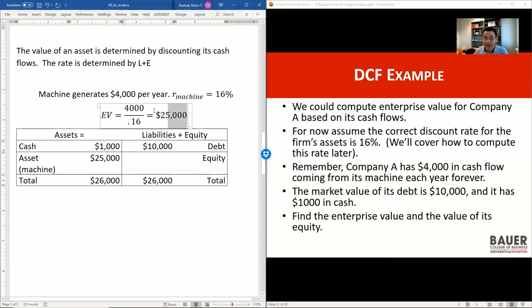If you discount the asset and you get the enterprise value of $25,000, you can then infer the value of the equity. So if I know that the cash is $1,000, the asset is $25,000, and I see that the bonds are pretty easy to value, those are $10,000, well, that means that the equity must be worth $16,000. Okay, so if you can infer assets from debt plus equity, then you can infer equity from the assets.